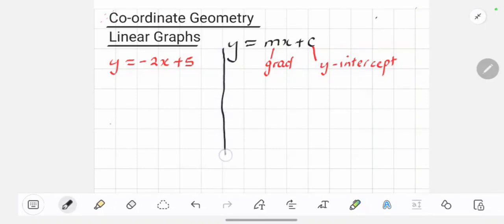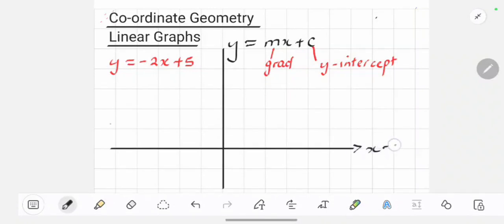So this is the y-axis. So having this as my y-axis, then we have got this x-axis. So when we have got this Cartesian, we need to label the axis. This is x-axis, this is y-axis. So we label these axes.